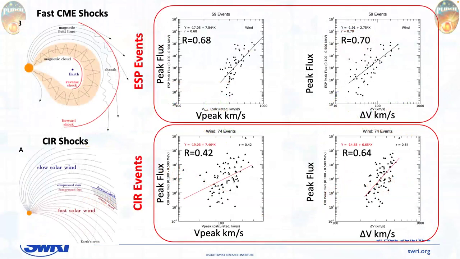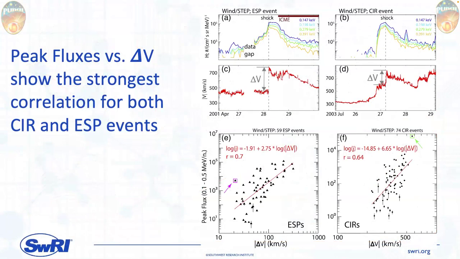And you look at the correlation now between the peak intensity and the peak flux, for instance, the speed of the solar wind or the delta V. So we explored all these correlations, and we see that the nicest correlation comes with delta V. So the speed jump is very much related to the peak intensity. And we just do a simple regression here, and we got the relation between the delta V and the peak intensities.